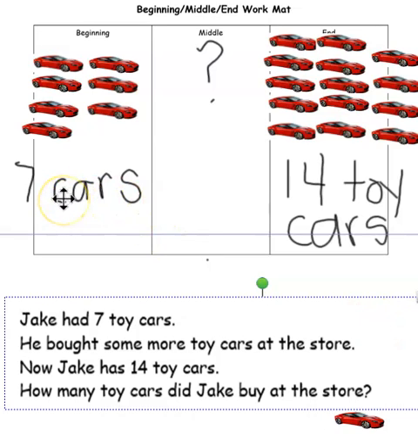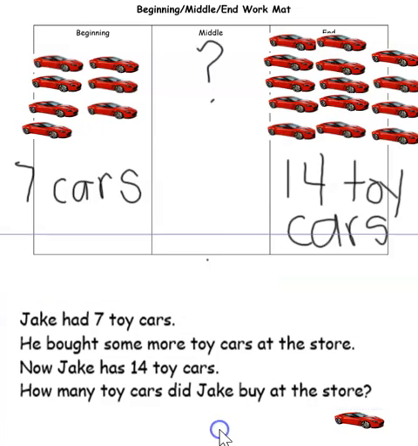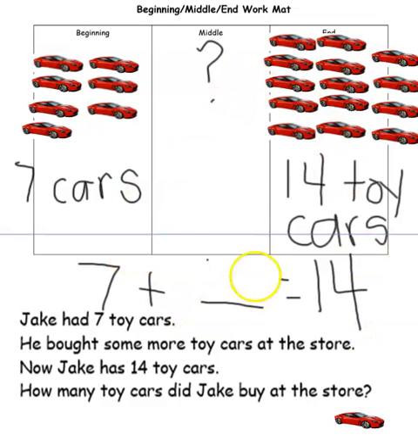So, if we know he started with 7, but he ended up with 14, how are we going to know how many he bought? So we know he had 7, and he bought some more, and he ended up with 14. So how do we know how many he bought? Well, if we know our doubles, we know that 7 and 7 equal 14.